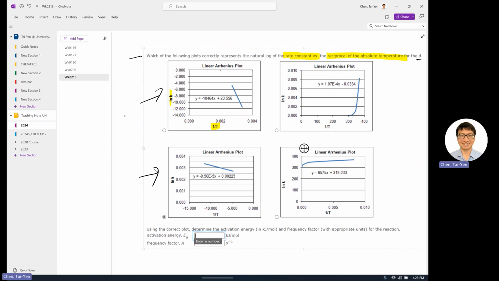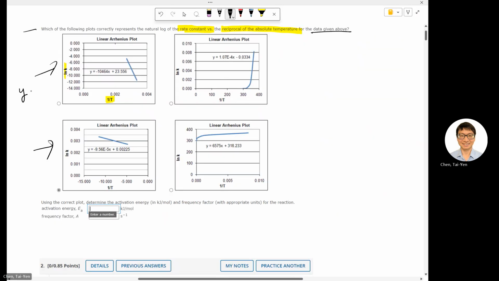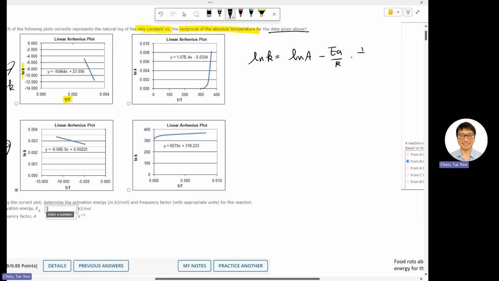So your y is your natural log k, your x is 1 over T. And from the previous, we say the equation is natural log k equals natural log A minus EA over R multiplied by your 1 over T. So this is your y, natural log A minus EA over R times this, which is your x.